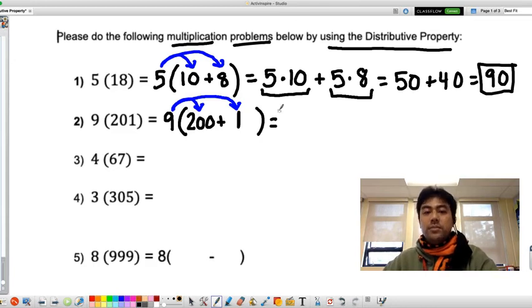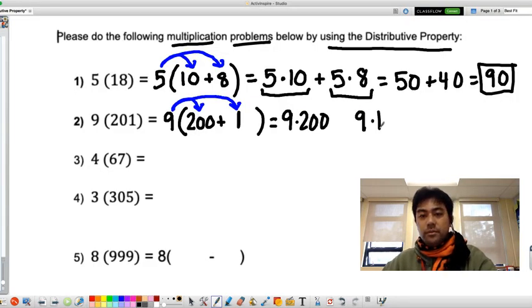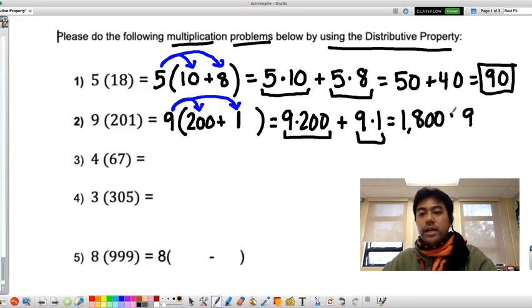So this is 9 times 200, and this is 9 times 1, and we are going to add them up, okay? 9 times 200 is 1,800. 9 times 1 is 9, and add them up, and we get 1,809.